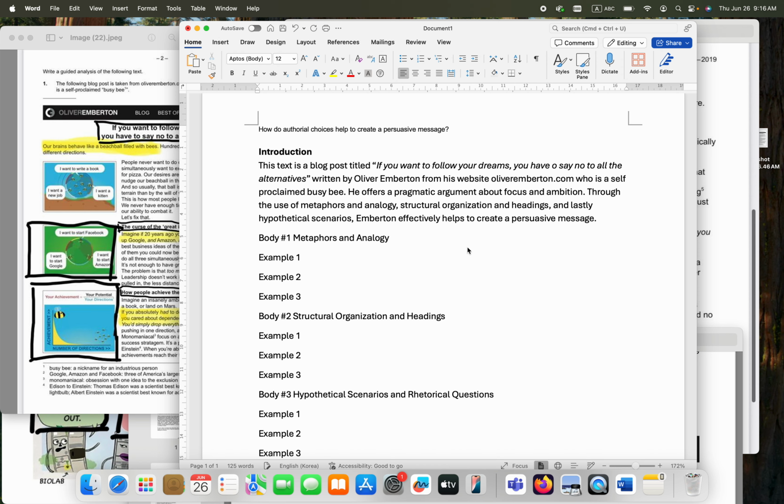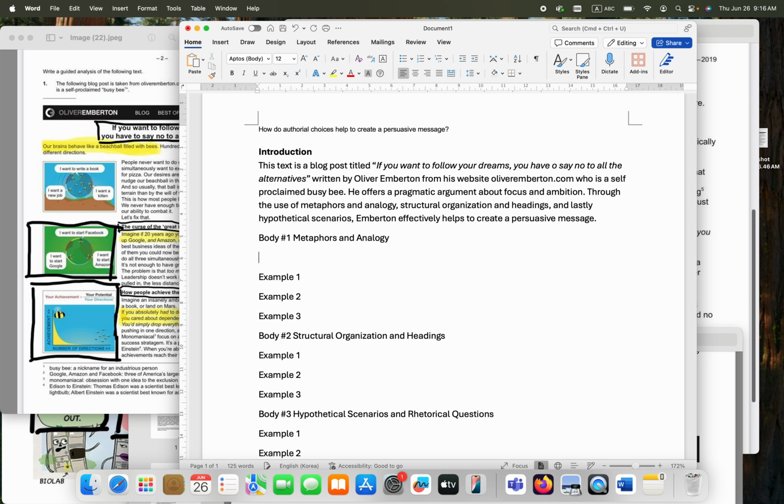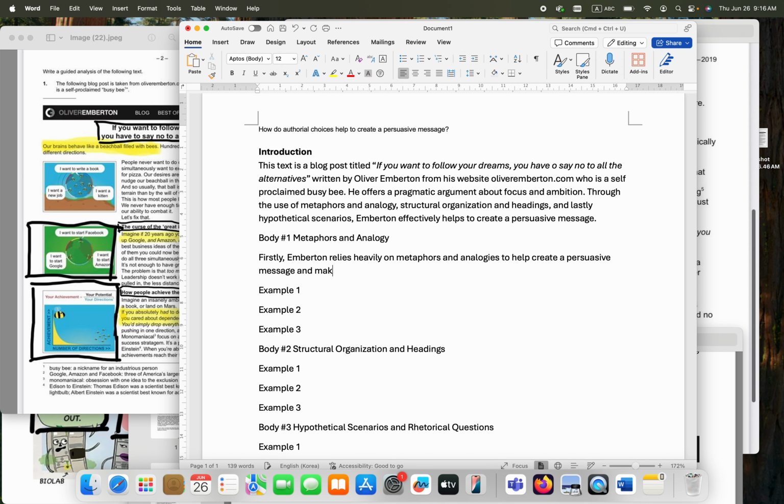So you can just say, firstly, Emberton uses, or you can say relies heavily on metaphors and analogies to help create a persuasive message and make abstract ideas about productivity more memorable for the audience.